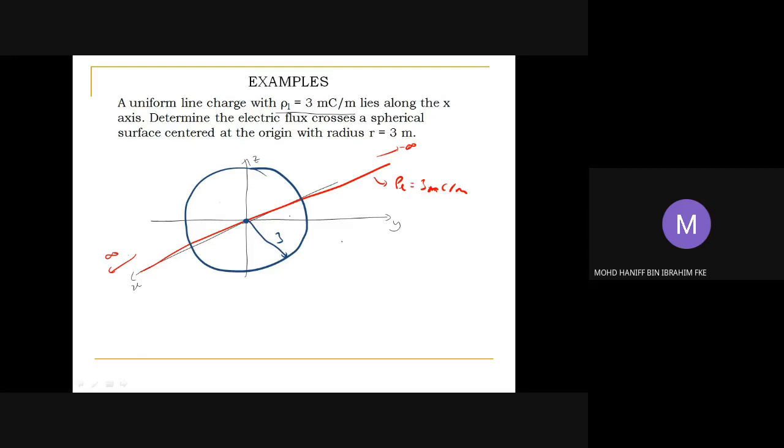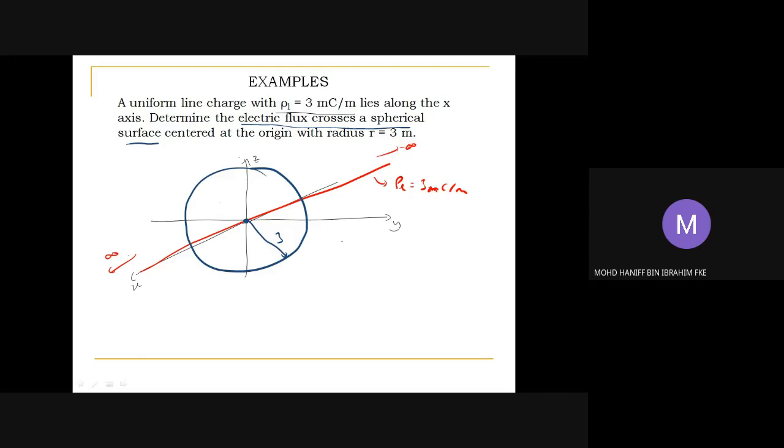So in this particular case, your only charge source, or your only electric field source, is this particular rho L. So in order for us to find the electric flux that crosses this surface of the sphere, we need to understand the concept of flux clearly.